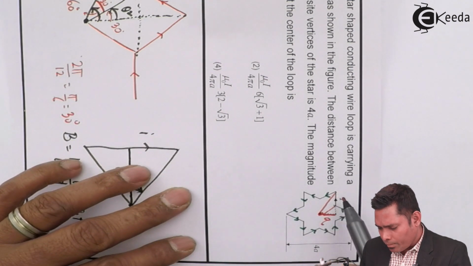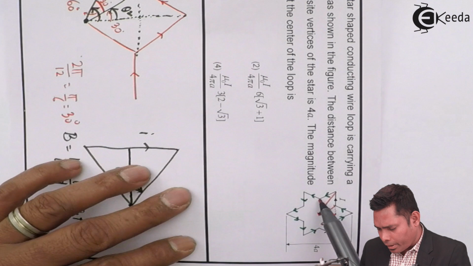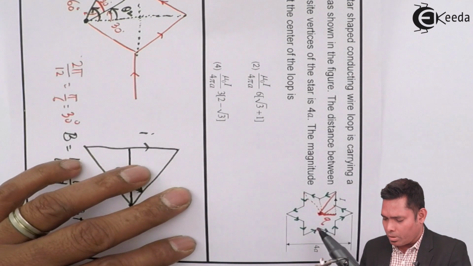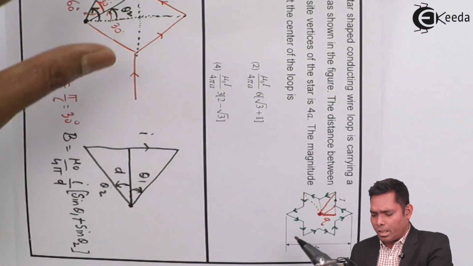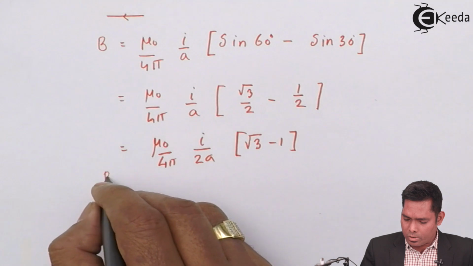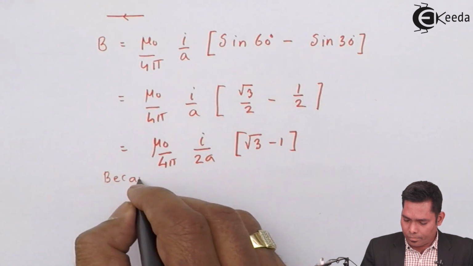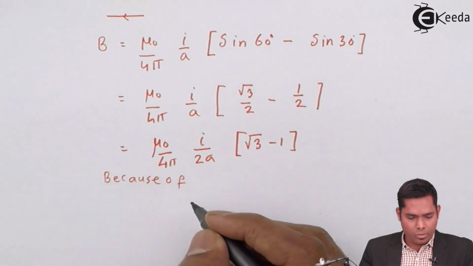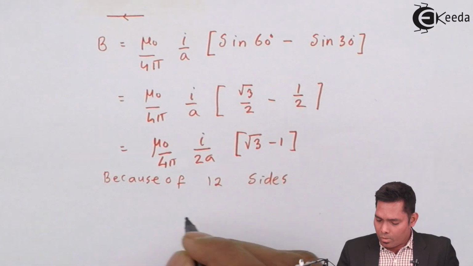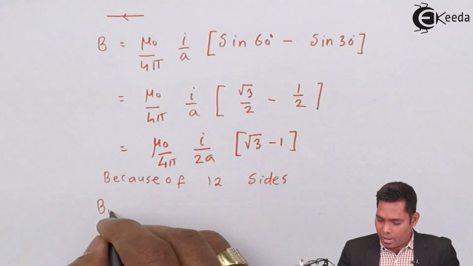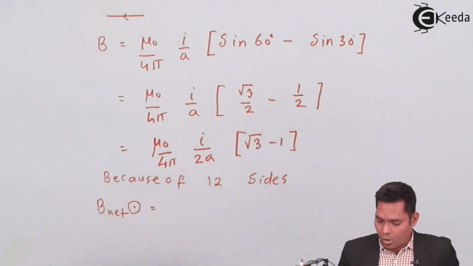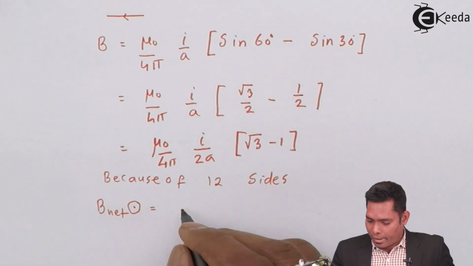So each side will have the same contribution. So there are 12 sides, and B net will obviously point upward, out of the plane of the paper.